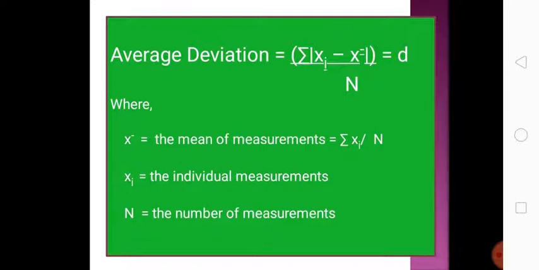You can see in the slide, in this representation of average deviation, x bar is the mean of measurements. I have also explained in the first content what the mean is and how it is calculated. Here xi is the individual measurement and n is the number of measurements.